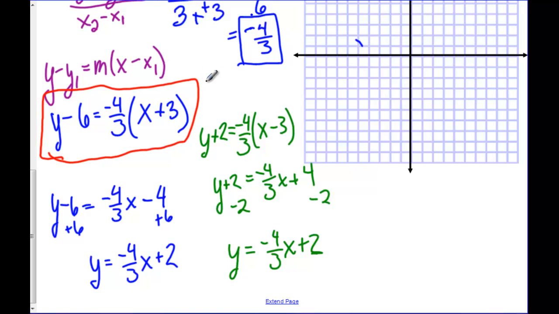To get the point out of here, this is where we really need to remember about those negatives that are built in. So it's going to be the opposite of what it looks like for your x and your y for your ordered pair. So with the x, it looks like a positive 3, which means it's going to be a negative 3. And with the y, it looks like a negative 6, which means it's going to be a positive 6. And then the slope's nice and easy.